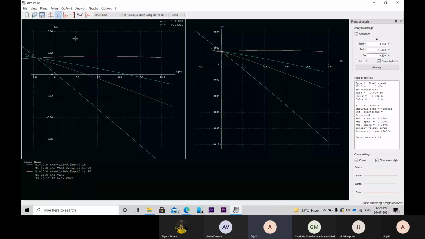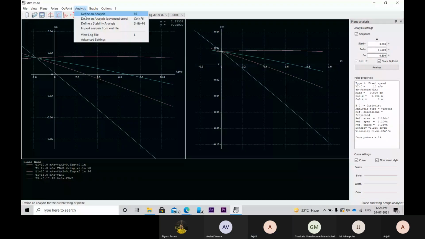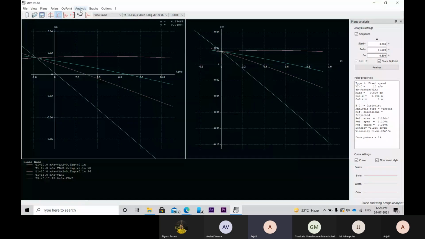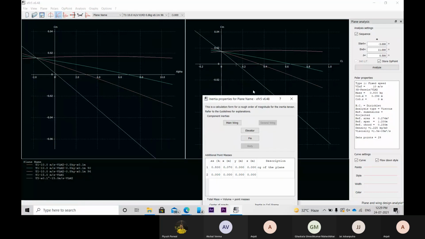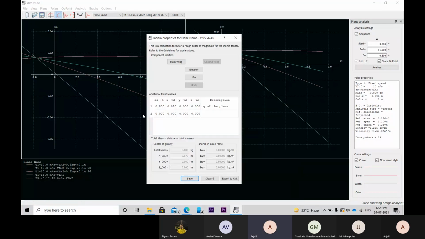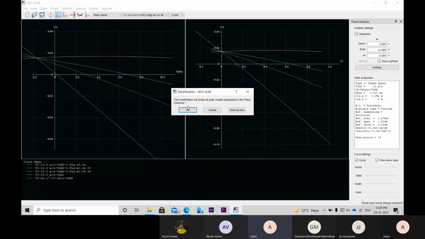So here, first of all, you can save it. Yeah. So here you can change the center of gravity to 0.061, which you have found from the neutral point and the static margin.